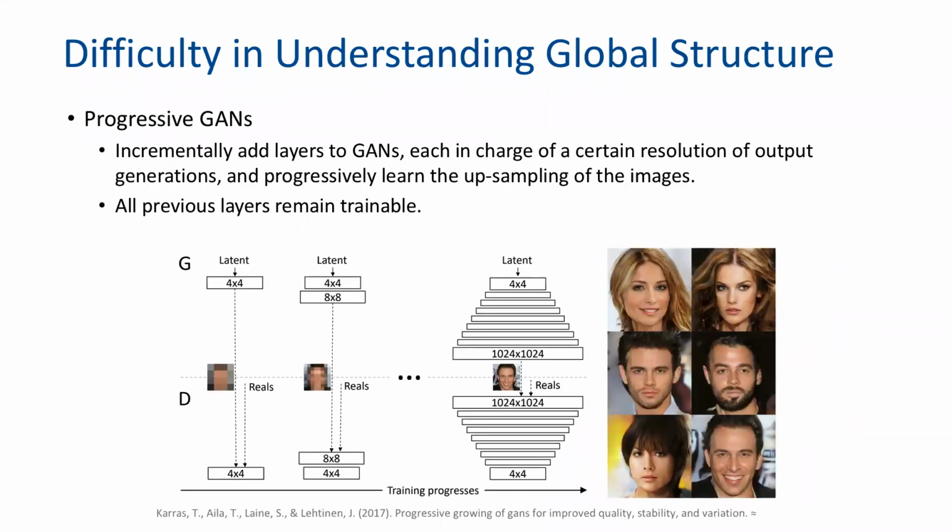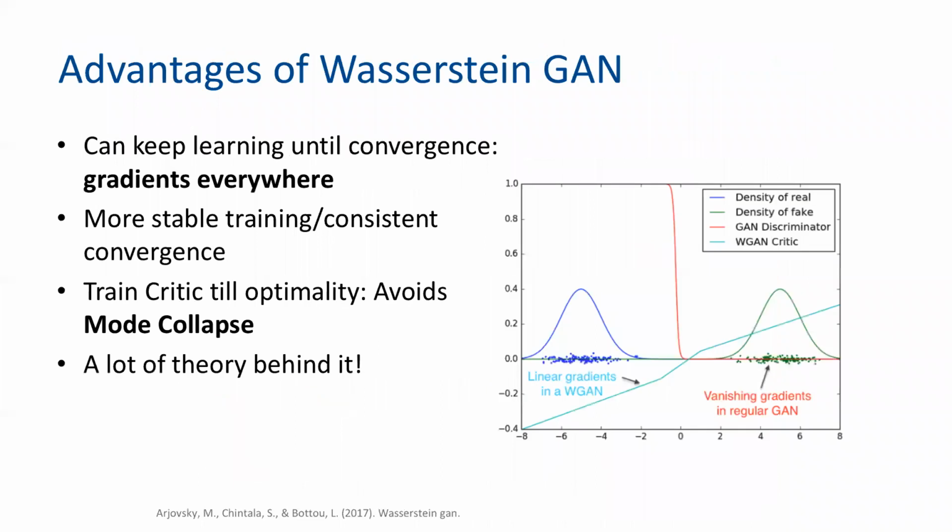Let's see, okay. There should have been a slide. Not sure what happened. There was a slide with the actual pseudocode for WGAN. It's pretty simple. It's basically just optimizing those two functions in an alternating way.